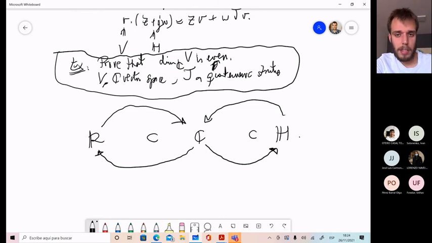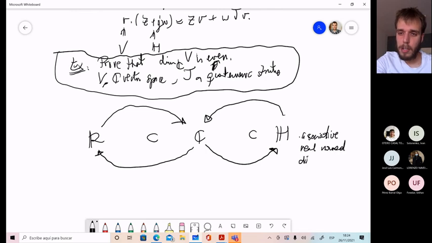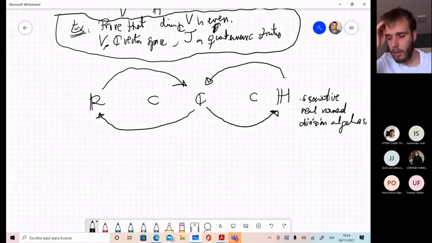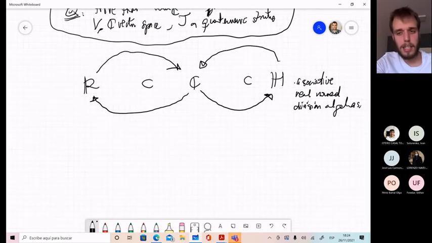And you can imagine that you can do the same with a quaternionic vector space. Okay, so these are the associative real norm division algebras. Now you start with classical symmetric spaces.